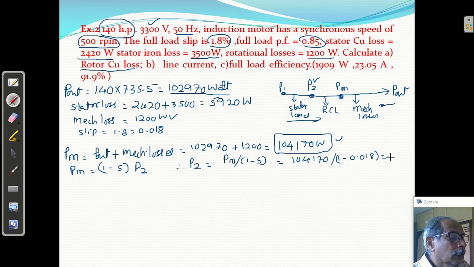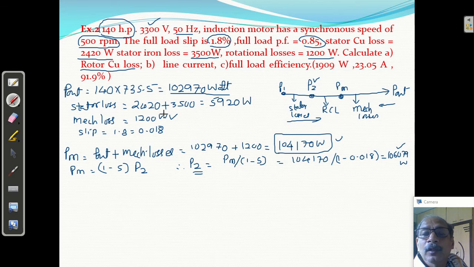Using the calculator, I am getting 106079 watt. So we got P2.